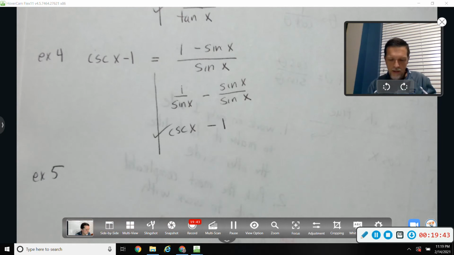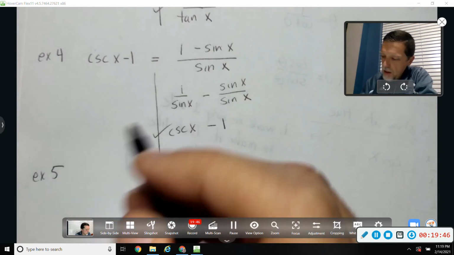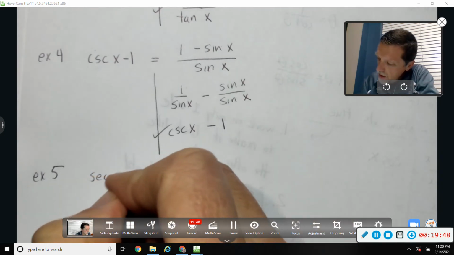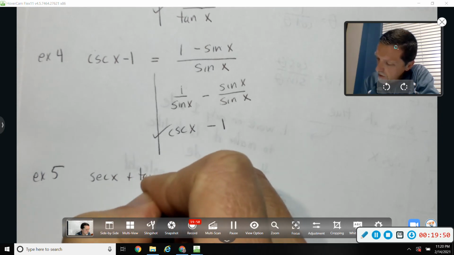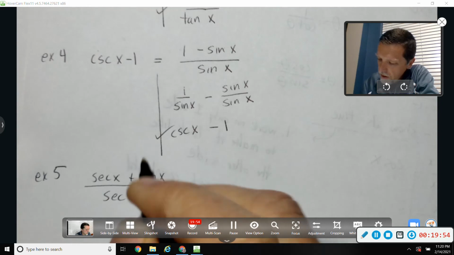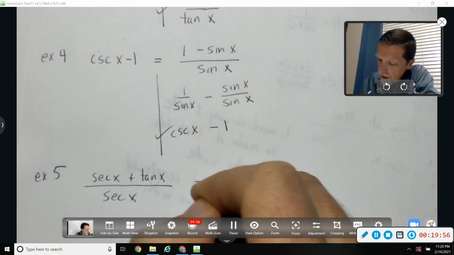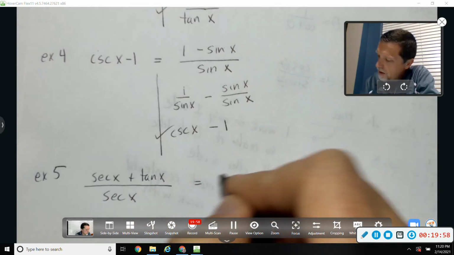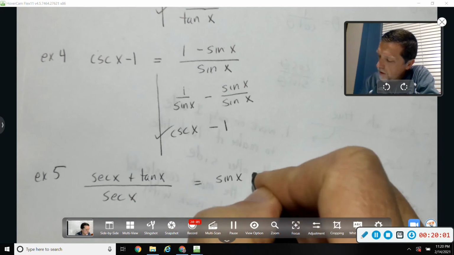All right, last example. Secant x plus tangent x over secant x equals sine of x plus 1.